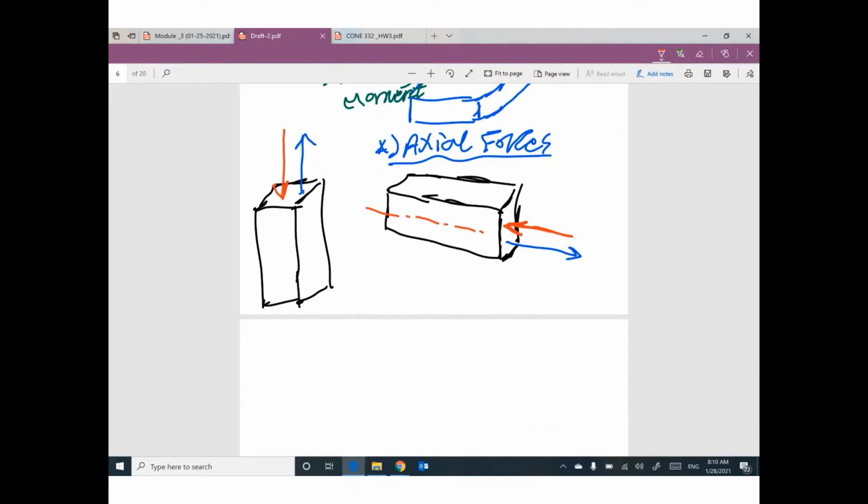Here is the x-axis, here is the axis of the member. This force or this force is parallel to this axis.